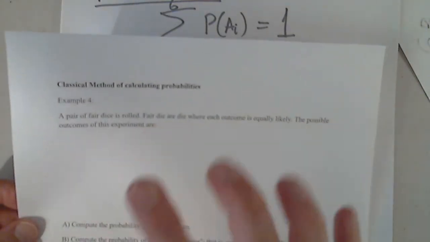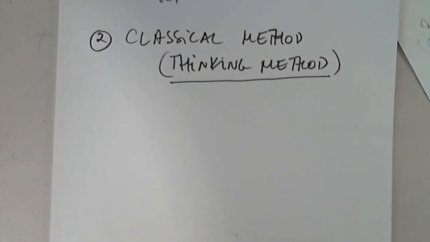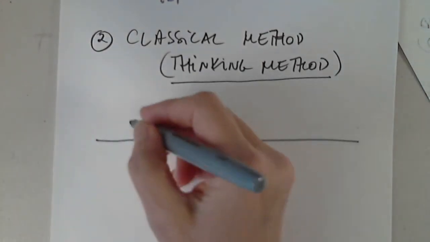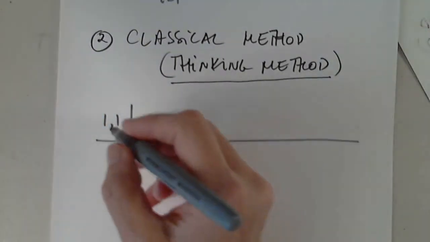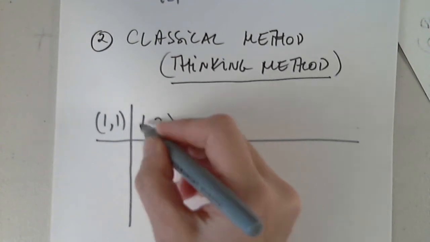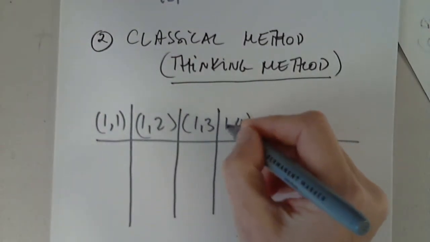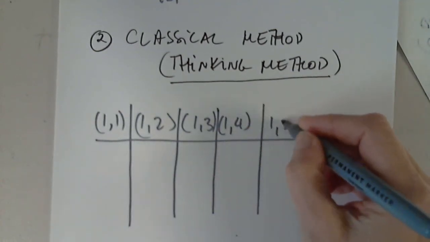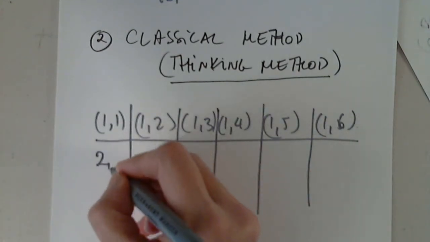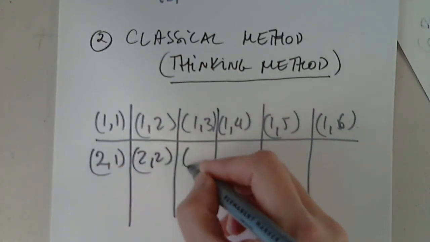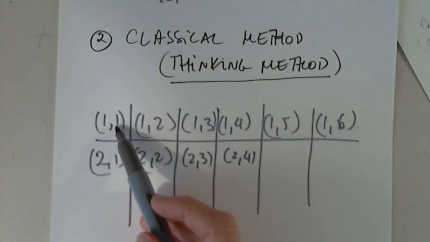Okay, the possible outcomes of this experiment for a pair are these. 1,1; 1,2; 1,3; 1,4; 1,5; 1,6; 2,1; 2,2; 2,3; 2,4. What does this mean? First die gives a 1, the second one gives a 1.